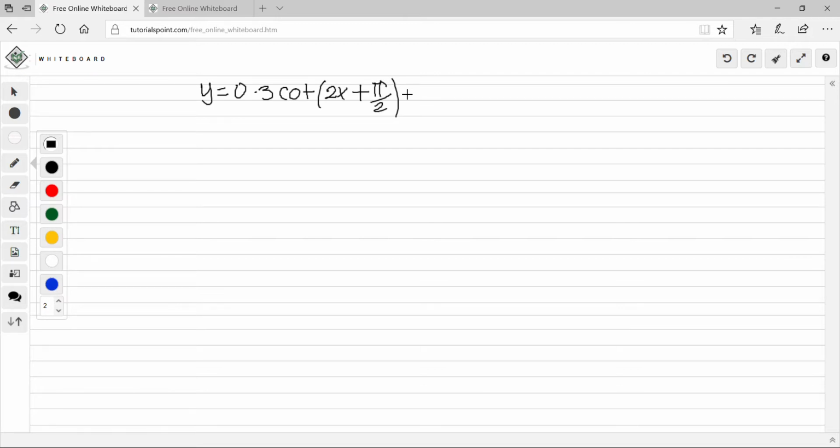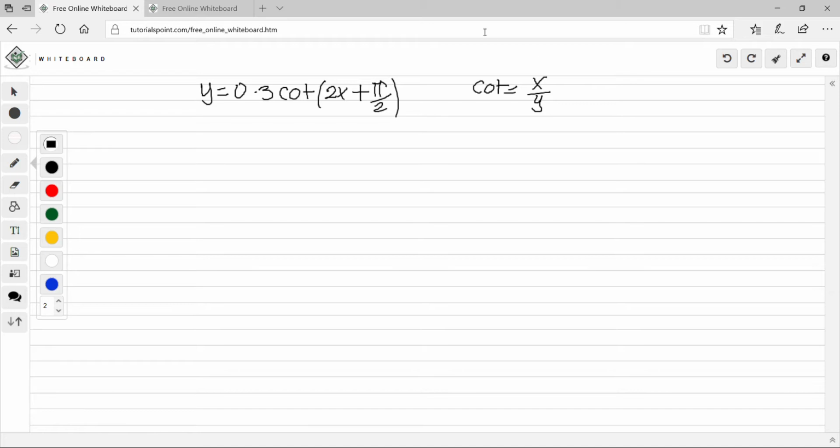We gotta find where it's undefined. So what is cotangent again? Cotangent is not y over x, it's x over y. So we need to find out our vertical asymptotes. We gotta find where it's undefined, right? So first, let's find the period.